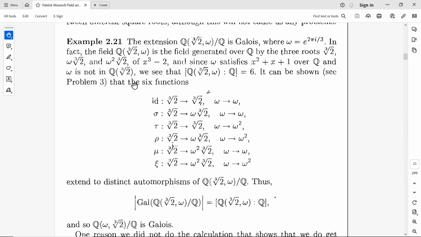So it can be shown that the 6 functions. Here they are giving us some 6 functions which are partial functions, right? Oh, I'm sorry, I made a mistake. I did not change it.